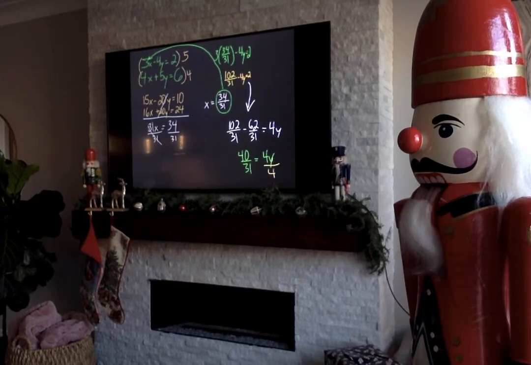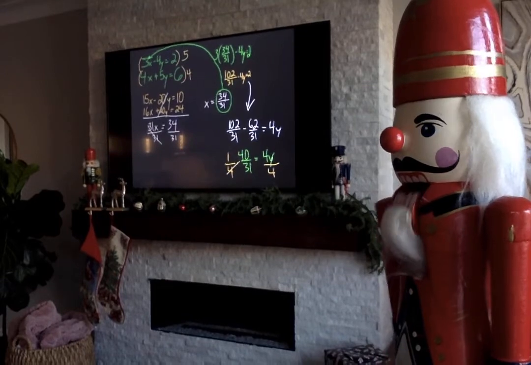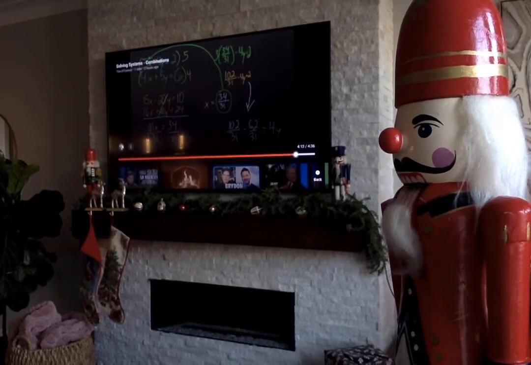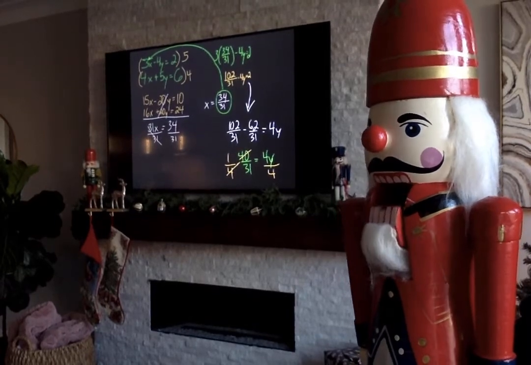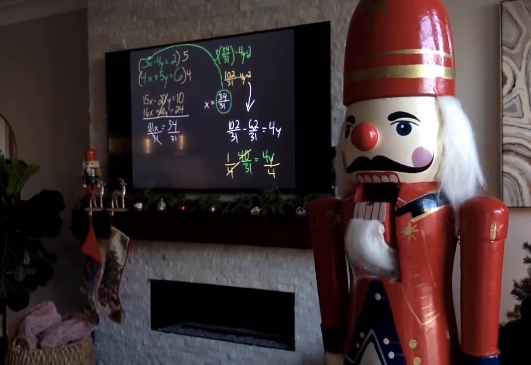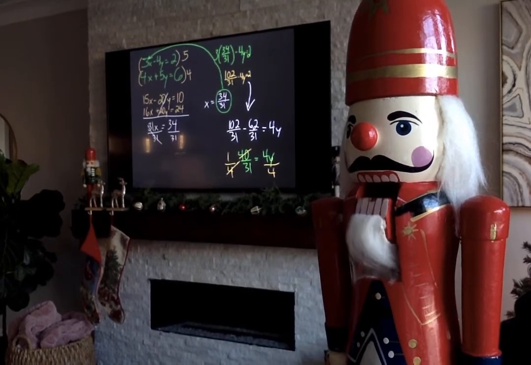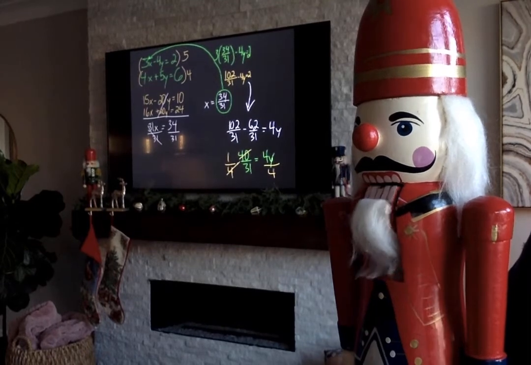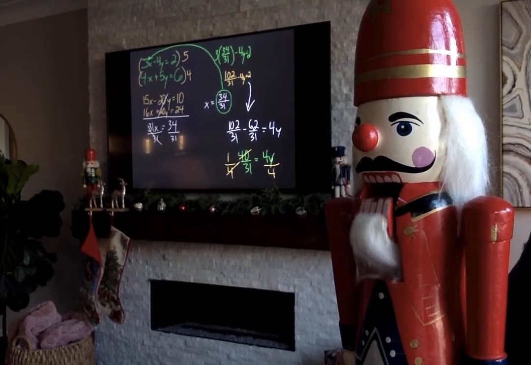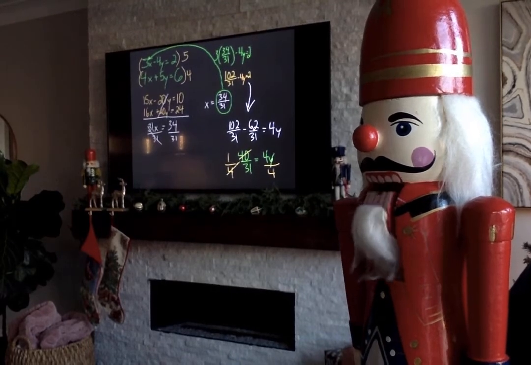Divide by 4 or multiply by 1/4. Remember, dividing by 4 is the same as multiplying by 1/4. You can see I canceled diagonally, which is going to leave me with y equals 10 over 31.